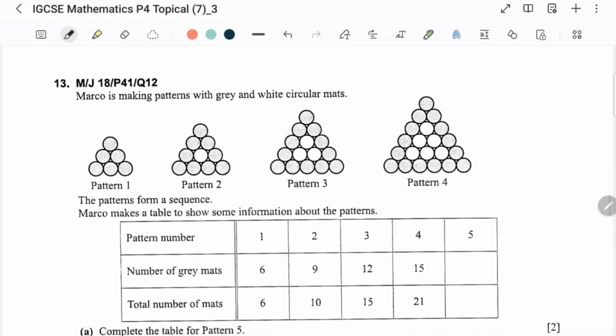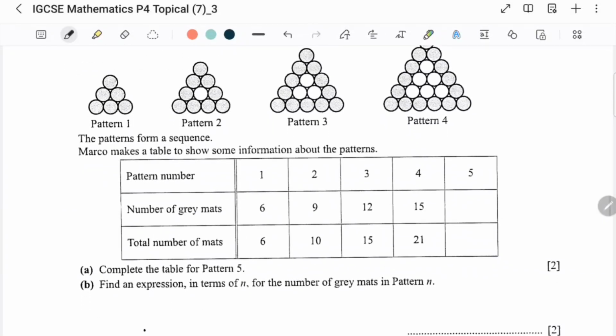Okay, 13th question: patterns are given, gray mats and total mats: 6, 9, 12, 15. Find the fifth term. We are just adding 3 to get the next term, so it's 18 here. And for the total, we are adding 4, then 5, then 6, then 7, so it will be 28.